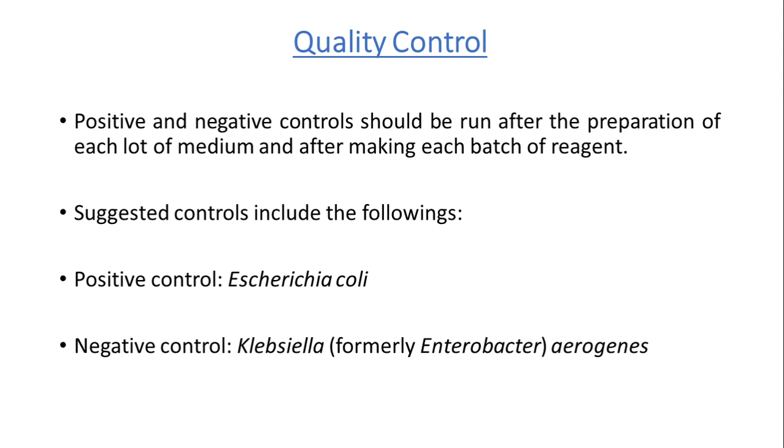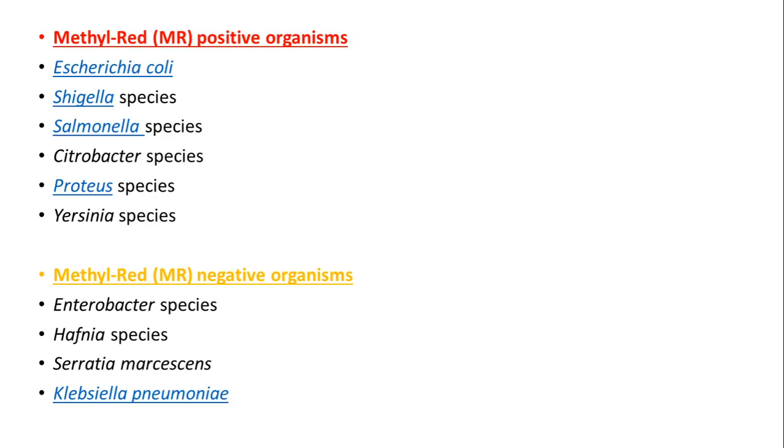In this case, for the methyl red test, we can use E. coli as a positive control and Klebsiella aerogenes as a negative control. Organisms like E. coli, Shigella and Salmonella give the test positive, that is methyl red positive, and the Enterobacter species and Klebsiella species are the organisms which are methyl red negative.